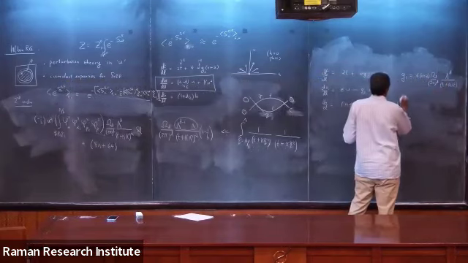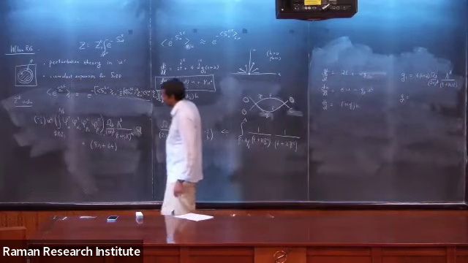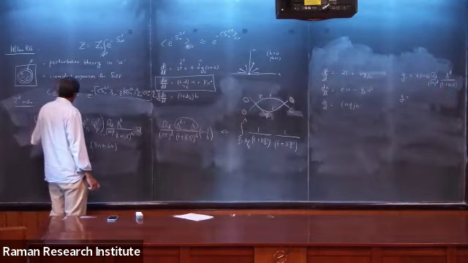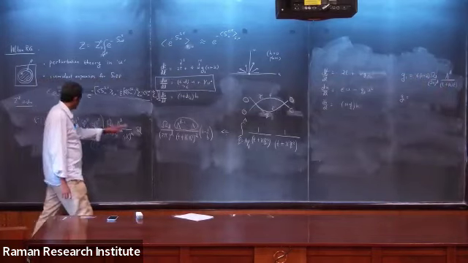And G2 was very similar. So it just had a factor of, okay, so there's a half from here, and then there is this factor.